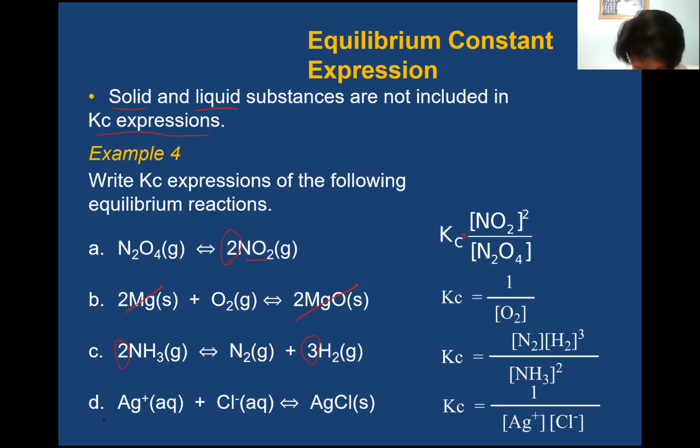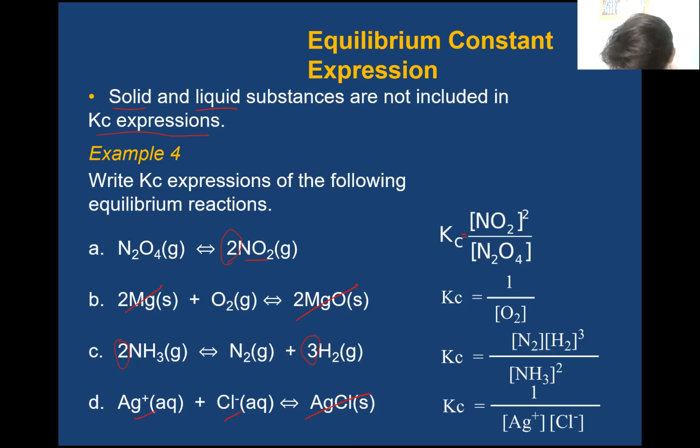And for part D, AgCl solid is not written. So in the product, we don't have any concentration, just write 1 over the concentration of Ag times the concentration of Cl. So this is the Kc expression. This is how you write the Kc expression in a reaction.